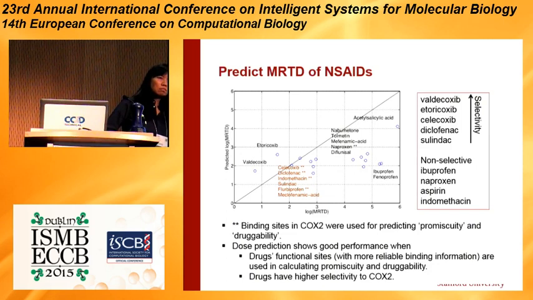Looking at the other side, based on similarities at the binding sites, could you also comment on drug repurposing for the same drug? Were you able to find binding sites from completely different proteins which you could use?